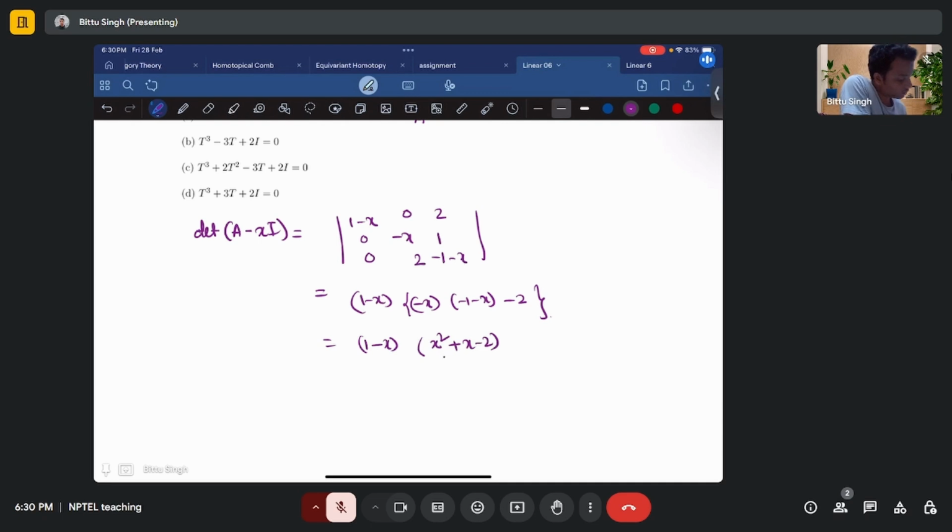Again we can factorize, because plus 1 can be written as 2 minus 1. So we can factorize it as (1 minus x)(x plus 2)(x minus 1).